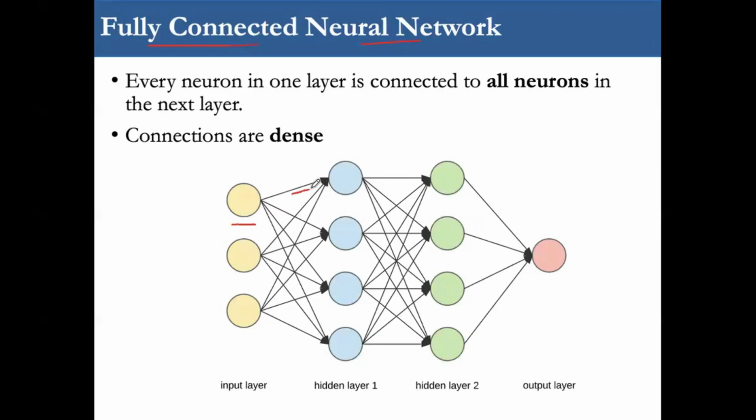It is connected to here as well as here, here and here. This applies for every neuron in the whole network. Here the connections are very dense, so this network is also called a dense neural network. This ensures maximum interaction between layers, allowing richer feature learning.